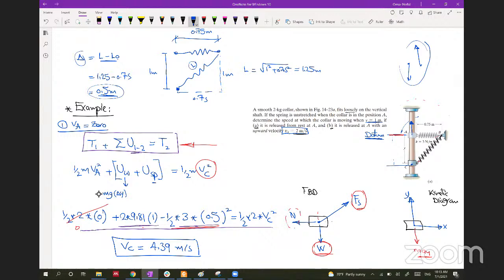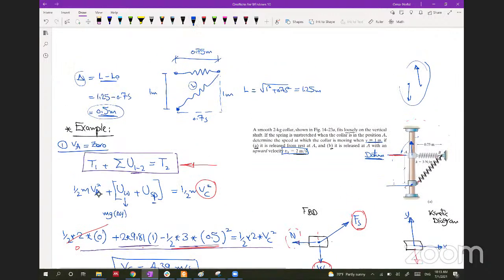But actually, the consistency with these signs only matters when you are calculating the forces. In terms of energy, whatever the velocity, if it's going up or going down, you will have half mv square. So if the velocity is negative, you will have negative 2 meter per second, and it will be squared, so it will be 4.